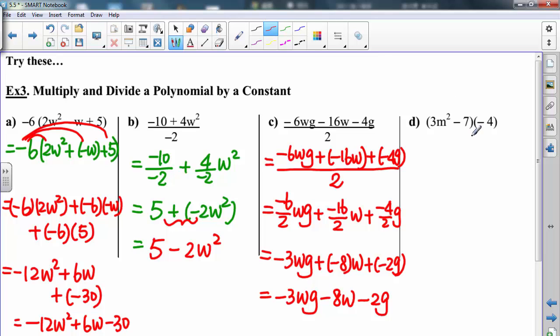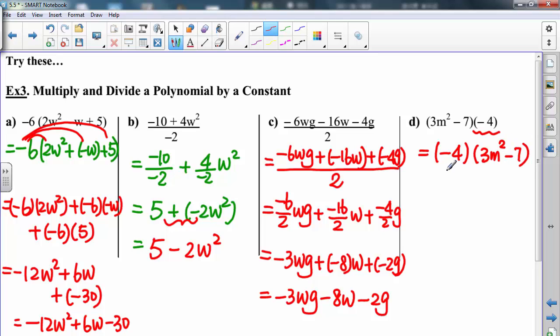Okay, this time let's look at the last example. 3m squared minus 7, brackets, times negative 4. You will find that this constant is not in front of the binomial. It's behind the binomial instead. If you don't like this way, I will swap this constant with this binomial. I can switch them around and it becomes negative 4 times 3m squared minus 7.